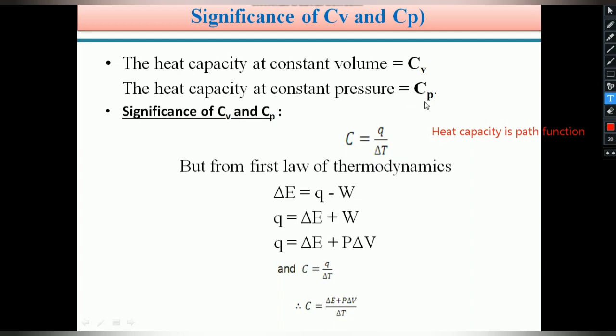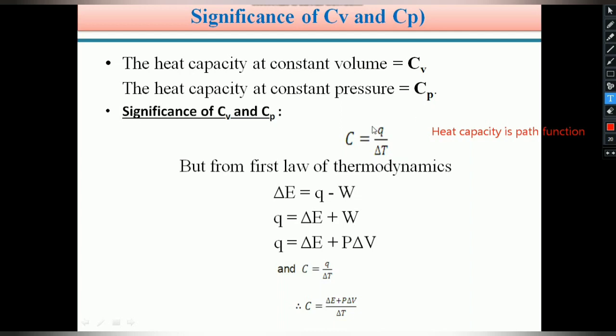Generally these two are known as CP and CV. Okay, so students, we can see how we calculate CP and CV values.